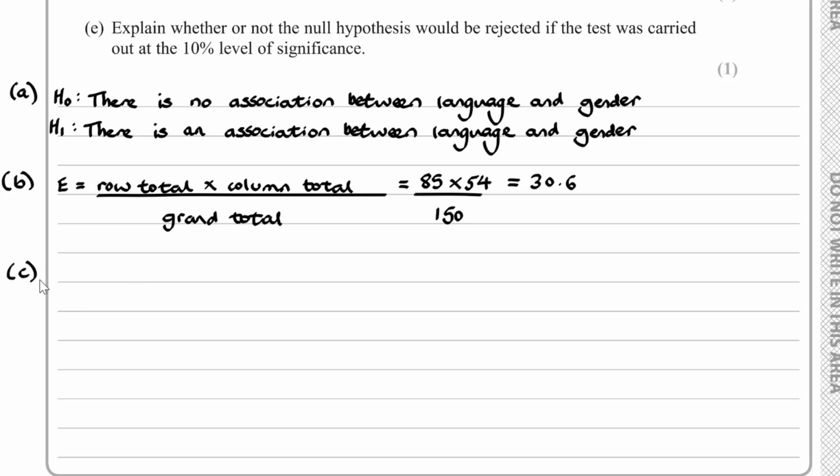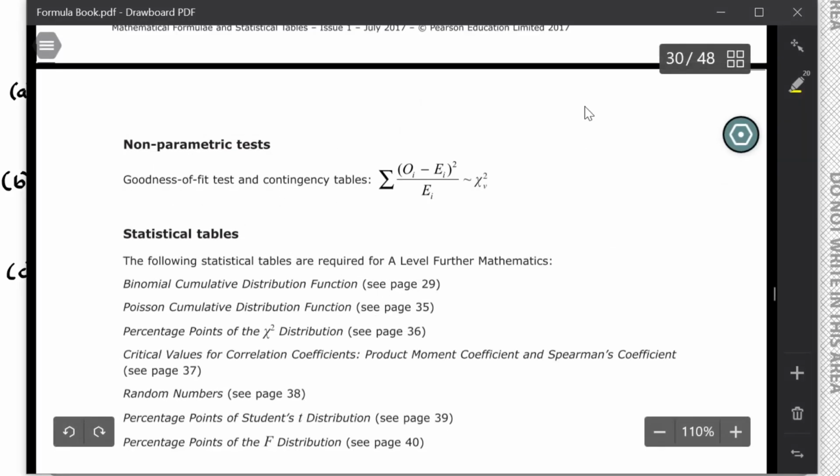For part C, our test statistic, chi-squared, is equal to the sum of the observed values minus the expected values, all squared, all over the expected values. And if you go to the formula book, you'd find that definition given over here. Let's just highlight that, we have this formula over here.